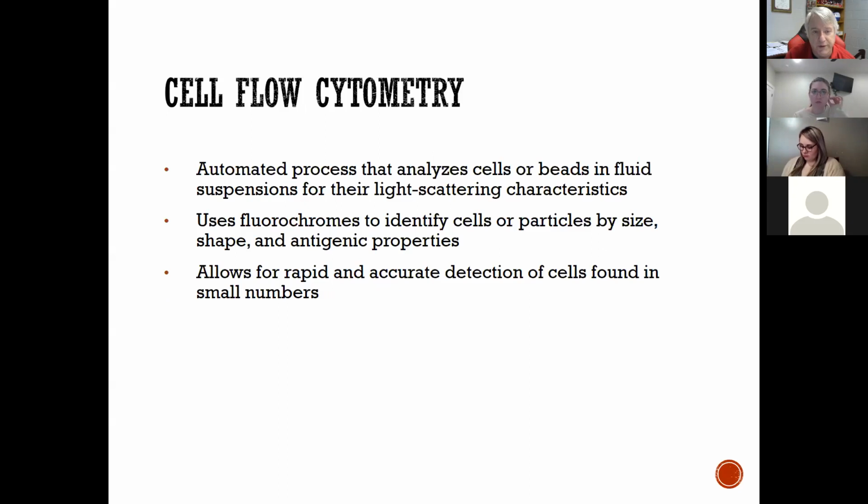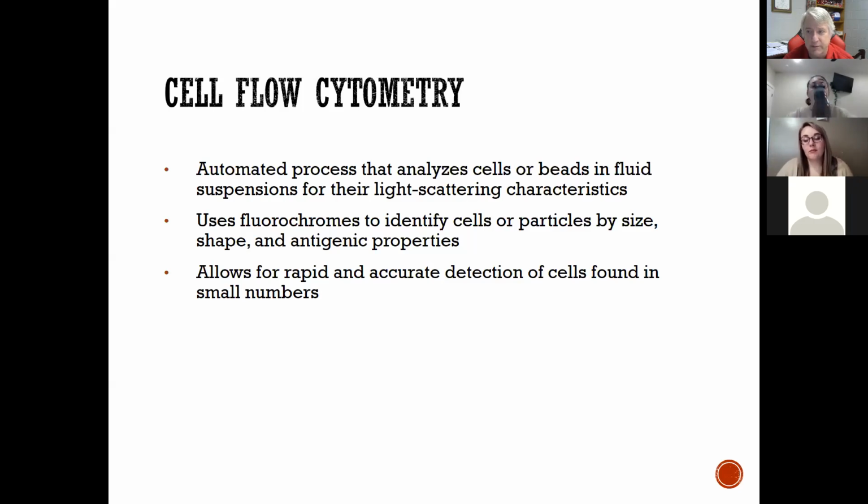So cell flow cytometry is an automated process that analyzes cells or beads in fluid suspension for their light scattering characteristics. So you use a laser, okay? You use fluorochromes. Usually a hematology analyzer has some kind of dye pack. If they showed you that, you have to change it out every so often.